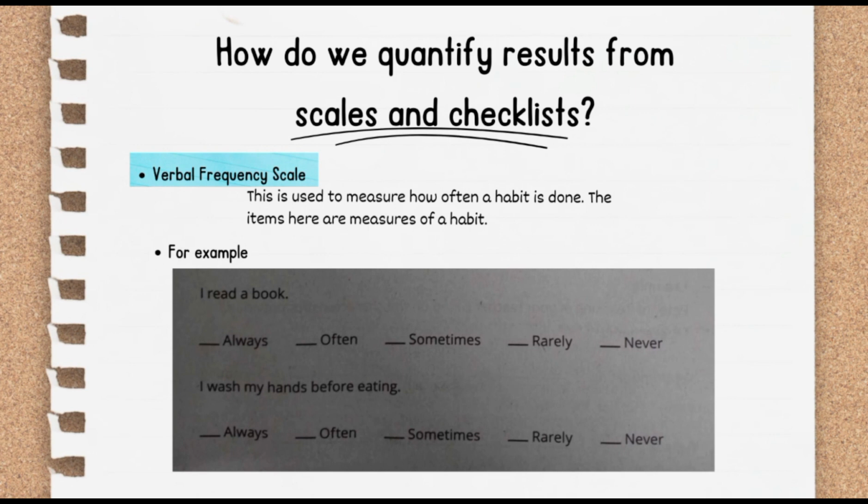So the choices are always, often, sometimes, rarely, and never. So whichever choice they pick, the result will still show either whether they are consistent or not.